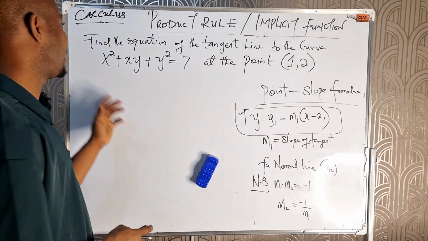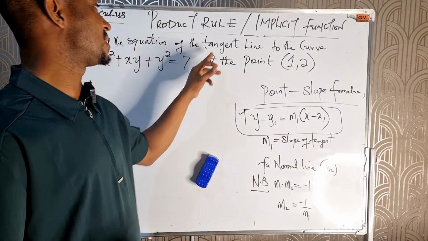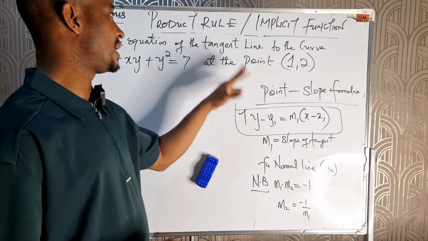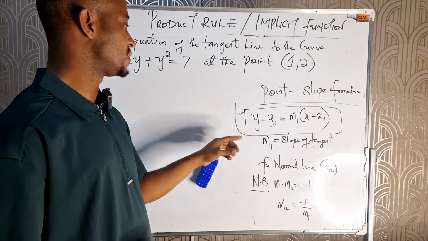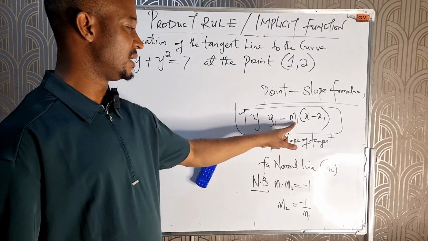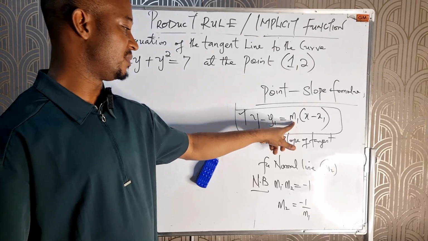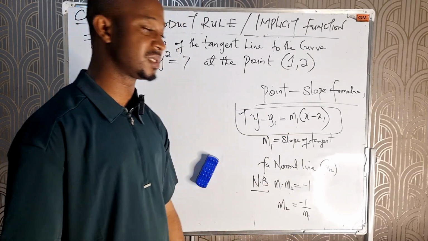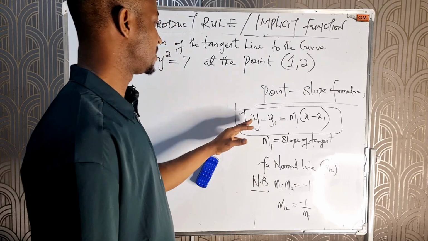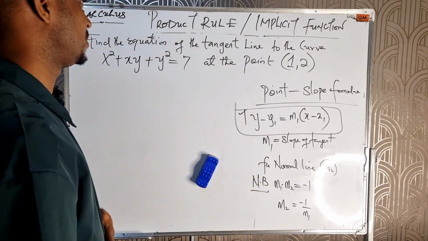But if the question says find the equation of the normal line, I'm going to use m2, which is -1 divided by m1, instead of m1. So using the point-slope formula, we're going to solve for the equation of the tangent line to the curve.